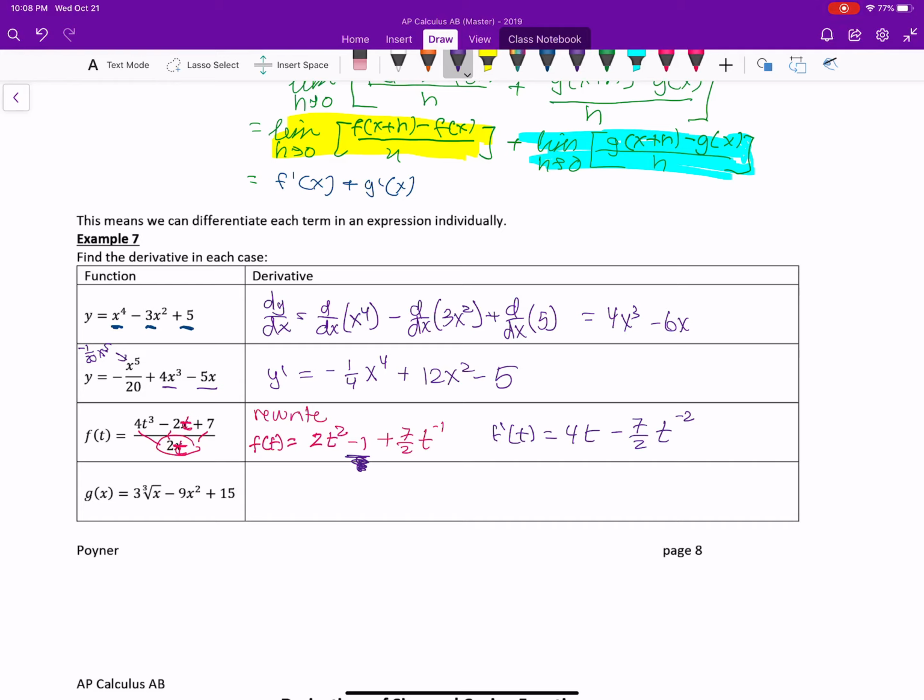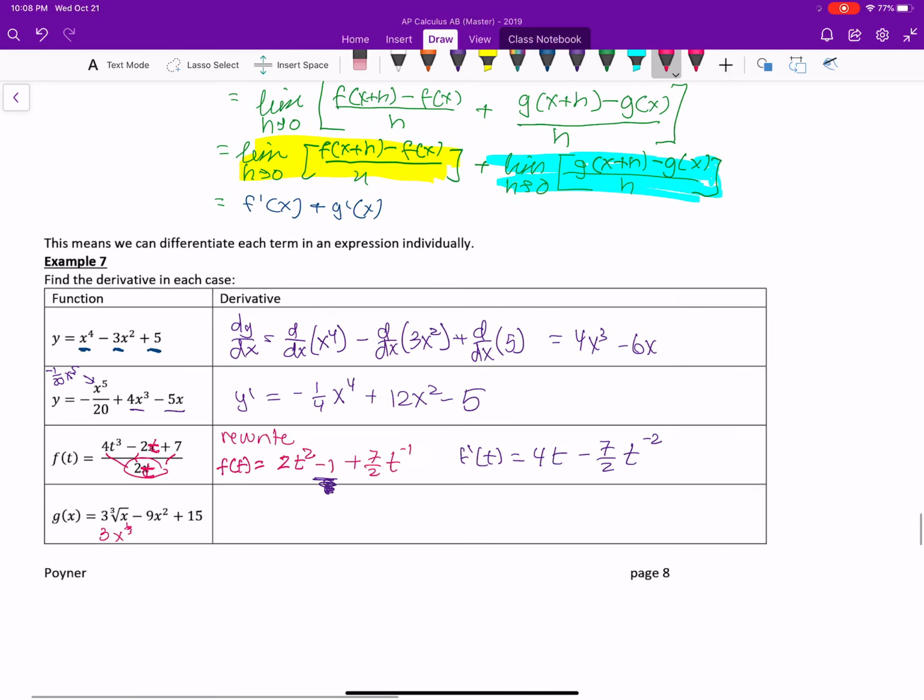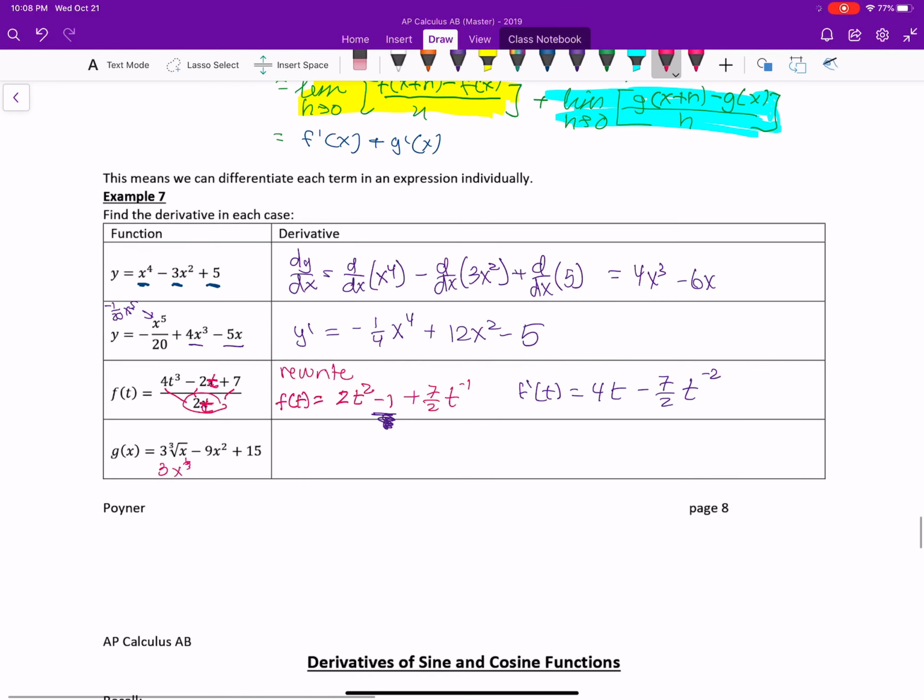Now pause it and try the next one. If you need to, you can rewrite. I know that this is 3x to the 1/3, if that helps. All right.